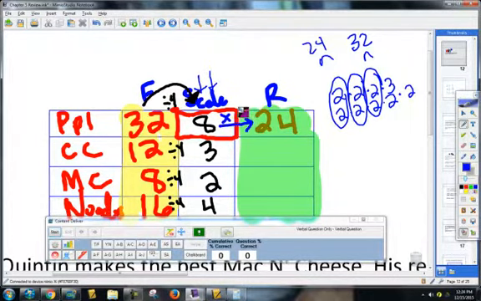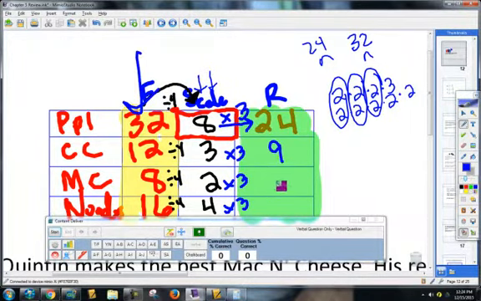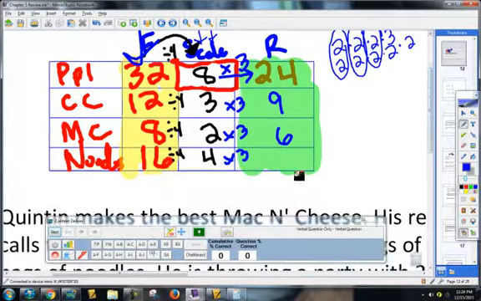Times 3. So then if I do that to every one of my ingredients, won't that give me the same tasting recipe that I had right here? So that's going to be 9 bags of cheddar cheese, 6 bags of mozzarella cheese, and 12 bags of noodles. Everybody understand that?